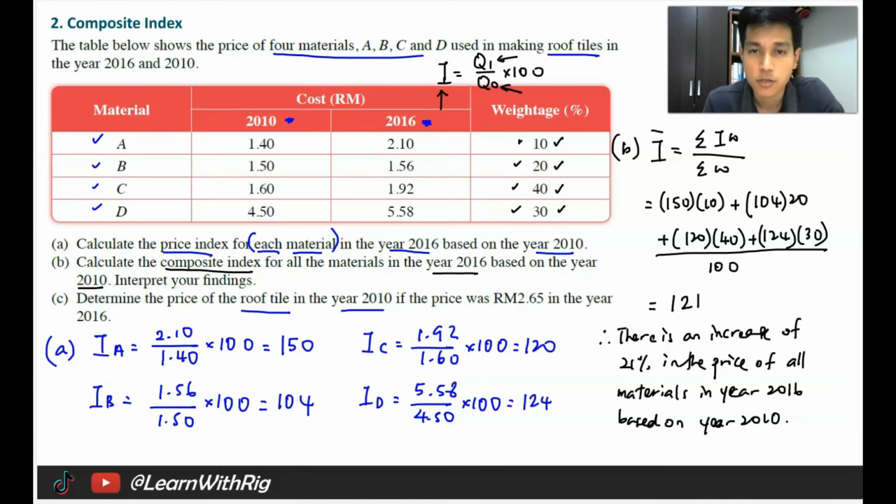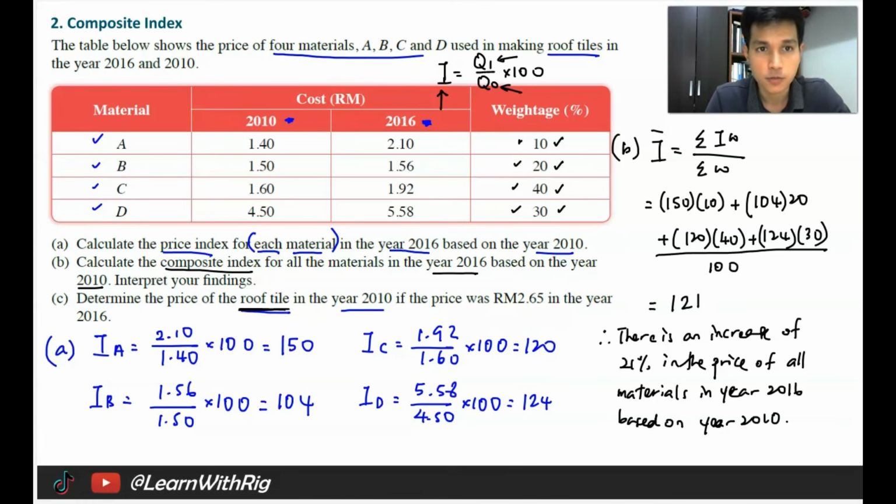That's the main question. Are you going to substitute any of this? Answer is no. You cannot use this because they are saying the price of roof tile. So you cannot take individual material because they're asking for roof tile. Roof tile means the combination of all four materials. So you have to use this as your price index. Okay, make sure you take note of that.